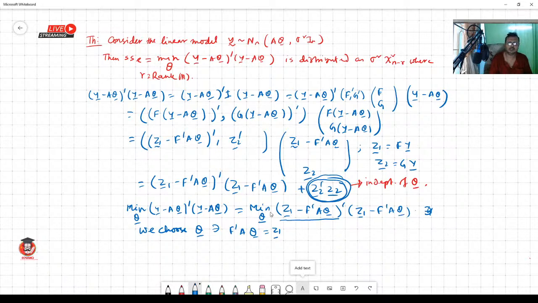So the minimization of this is nothing but 0, and we choose θ̃ from this. Okay, understand?